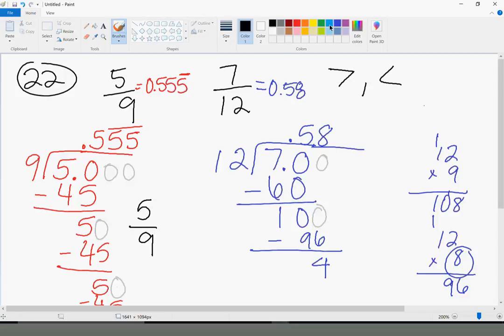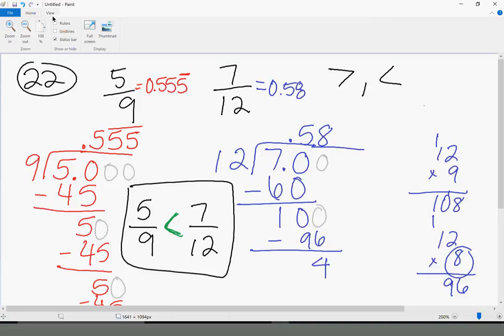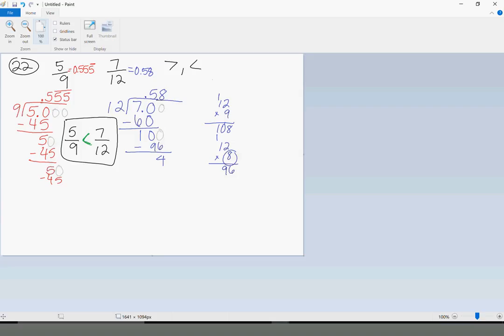So 5 ninths is less than 7 twelfths. Again, I would change the fractions to decimals and then compare the decimals in order to make a good comparison of the fractions. Okay? Let me leave that up there for just a second in case anybody needs to write that down.